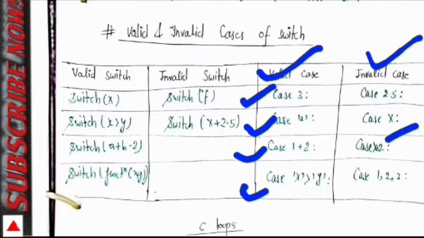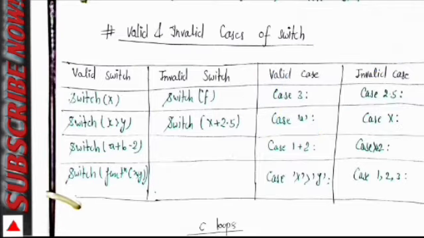Here using X is invalid because X is not enclosed inside quotes, and a character must be enclosed inside quotes. So it is invalid, and we know that floating point is not acceptable in the case of the switch.